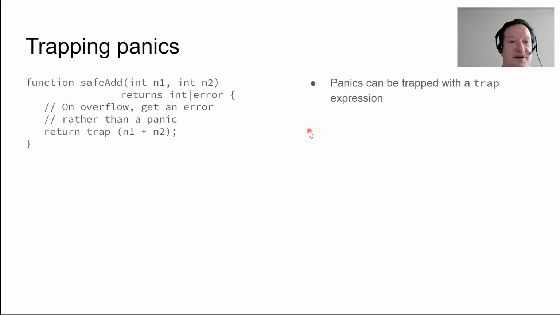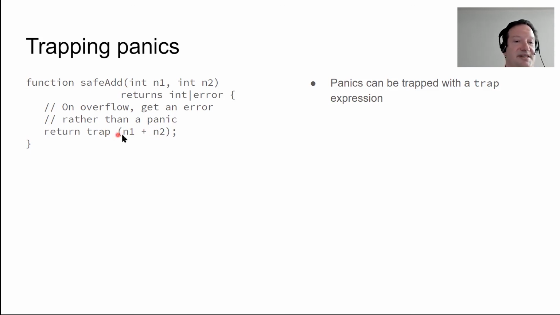And I think this is the final thing. Usually you don't want to track panics, but sometimes you do, and there's a specific trap. Panics and errors are not the same thing, and there is a way to trap panics if you need it. It's called trap, and what trap does is it takes an expression and evaluates it. If the expression panicked, it captures that panic and returns it as an error.